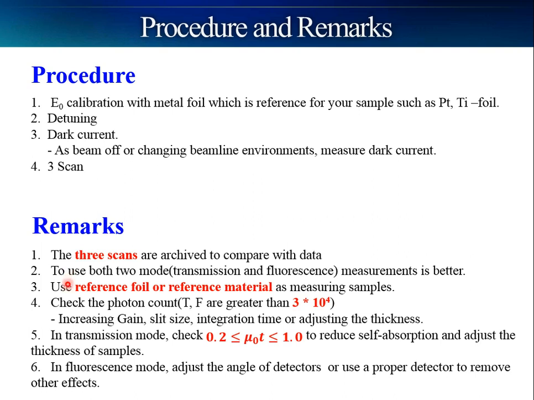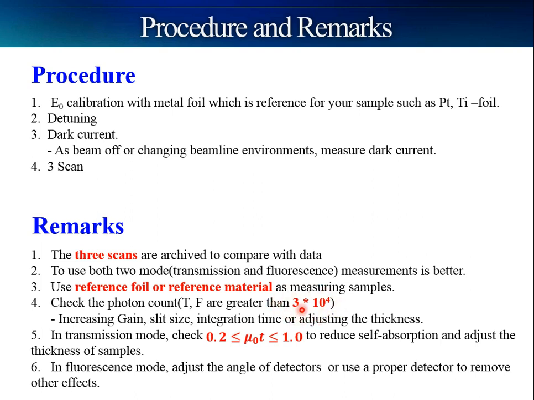Third, use the reference foil or reference materials as measuring samples. Fourth, the photon count must be greater than 3 times 10 to the 4. Try to increase it due to decreasing statistical error. So whenever taking those steps, you have to check the photon count.